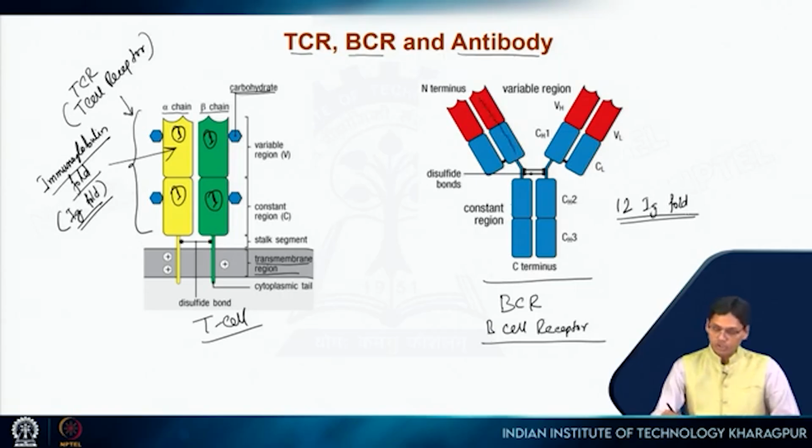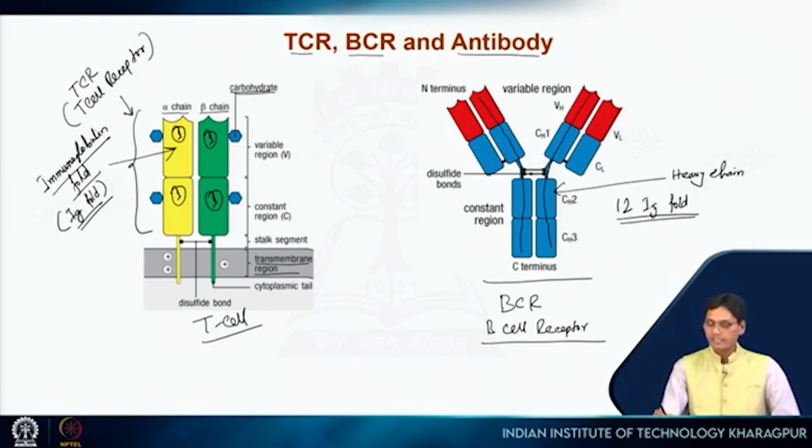As I'm drawing here, this is one polypeptide chain, and this is another polypeptide chain. This polypeptide chain is bigger and its molecular weight is more, and this chain is called the heavy chain of an antibody.